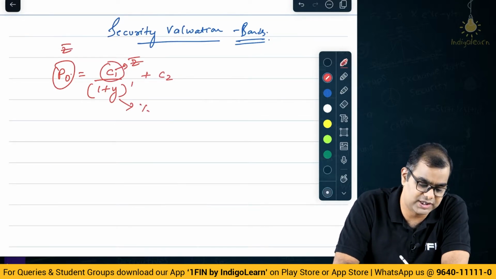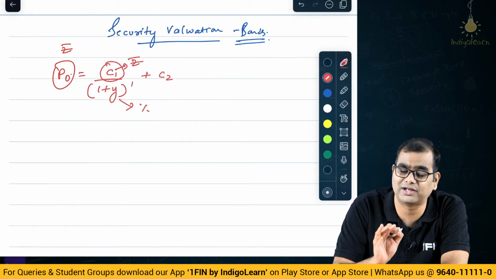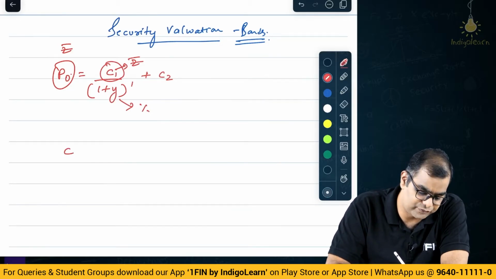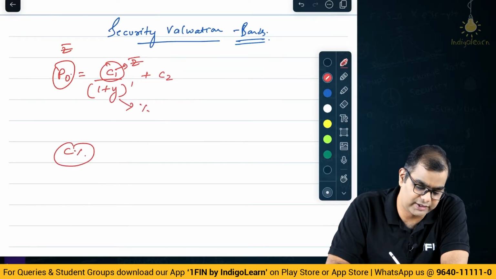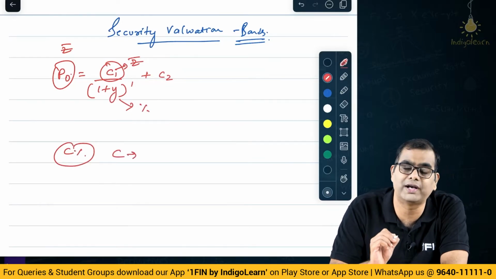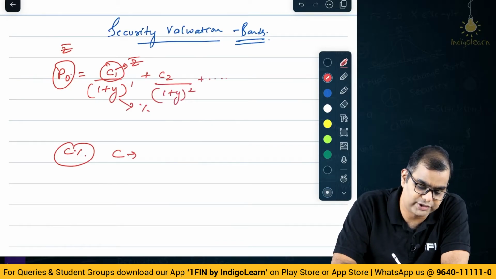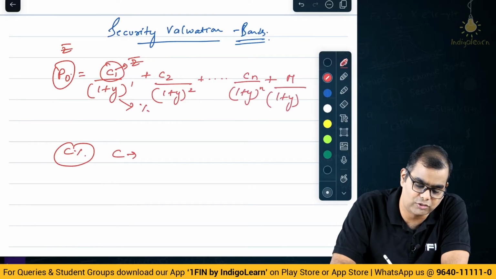Coupon is not the rate, coupon is the absolute value; coupon rate is a percentage. When you talk of C, it is the coupon absolute value in rupee terms. So C2 by (1 plus Y) whole square, and so on up to Cn by (1 plus Y) whole power n, plus the maturity value divided by (1 plus Y) whole power n.